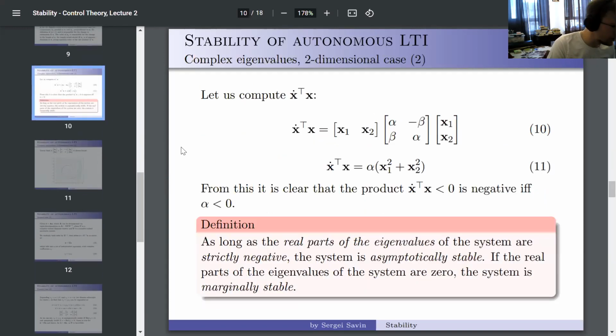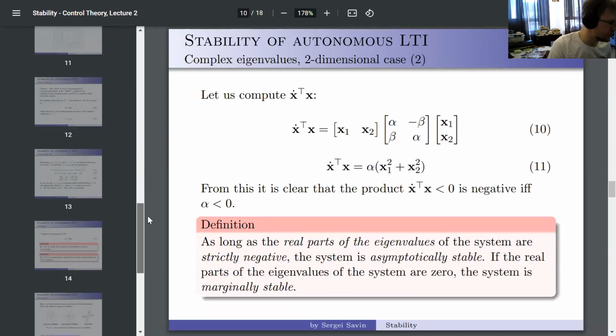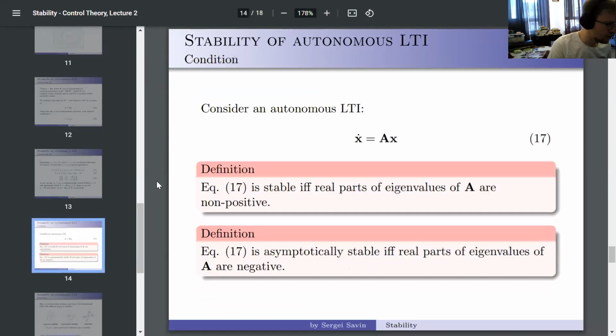Let me even see if we have a slide where all this is clean. Okay, here is the criterion.